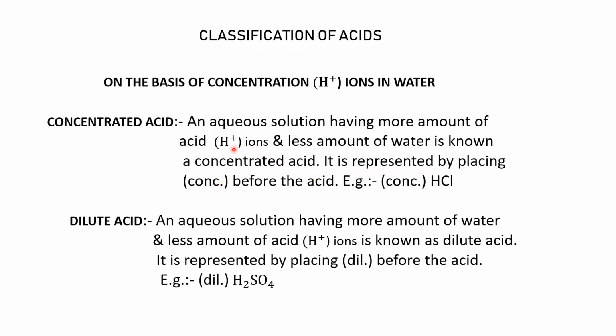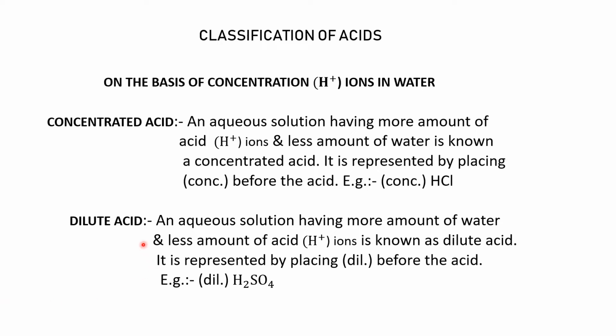Okay, so those acids which have a higher number of H plus ions, they are known as concentrated acid. It is represented by placing the word concentrated before the acid. For example, concentrated HCl. Okay, it says that this HCl acid is in concentrated form.